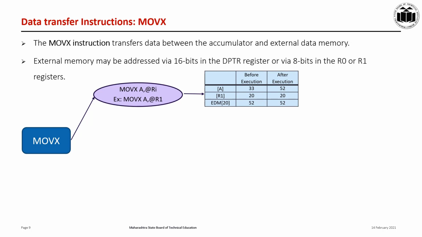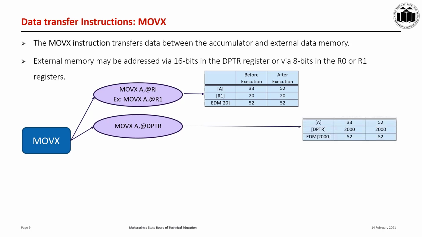Example: MOVX A, @R1. If register R1 contains 20H, then the contents pointed by data memory location 20H will copy to accumulator. MOVX A, @DPTR. This instruction moves the content of external data memory location pointed by DPTR to accumulator.